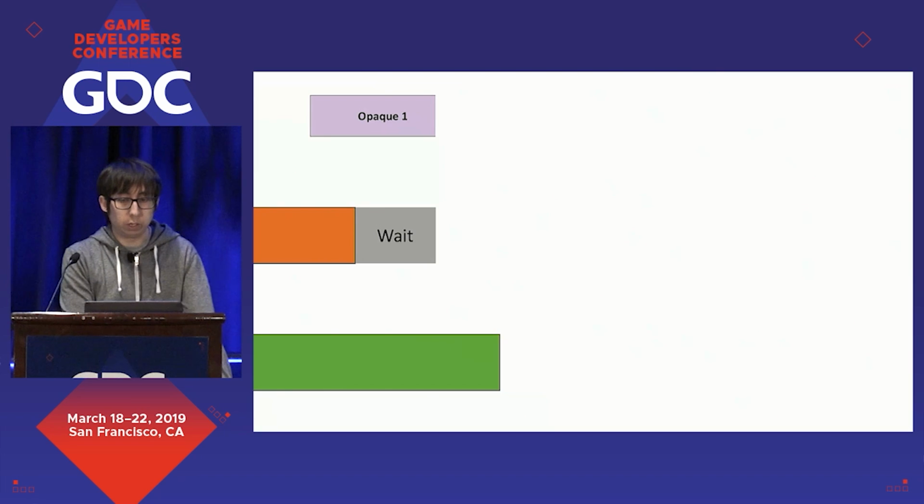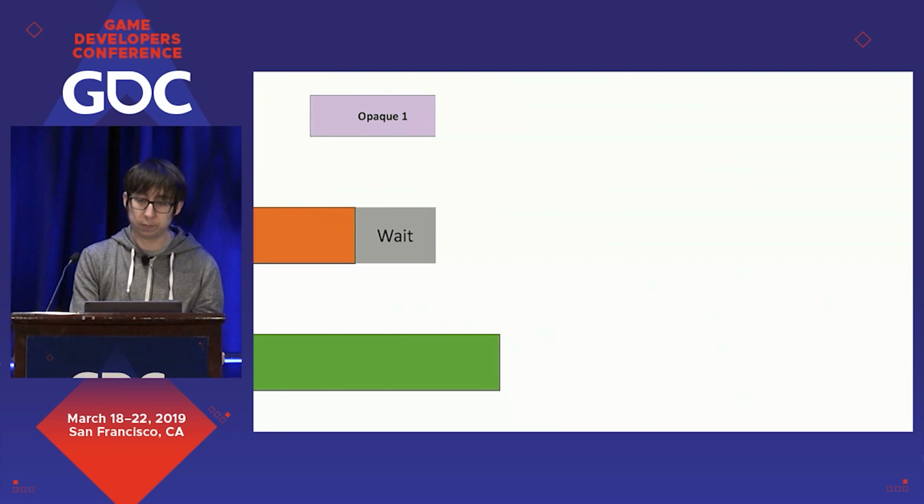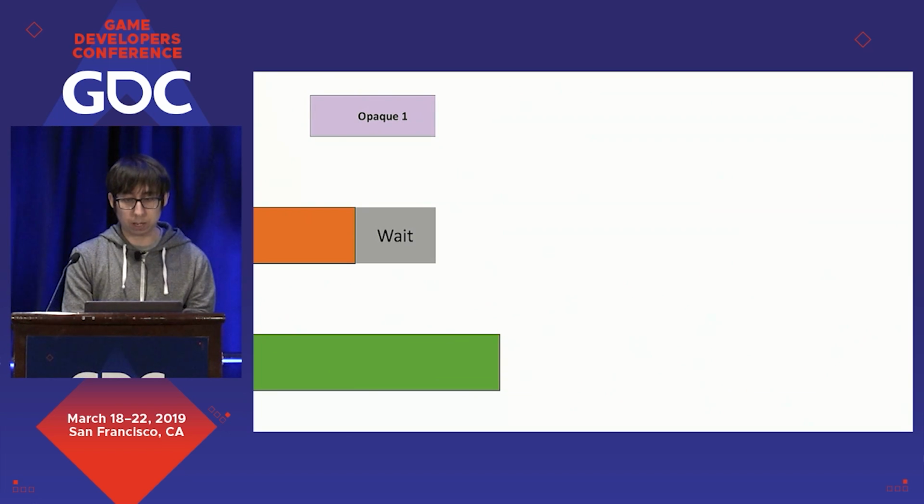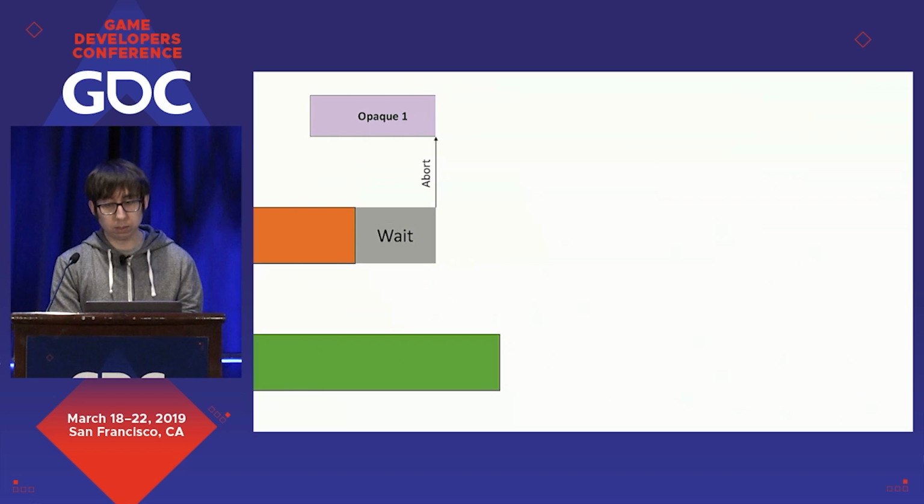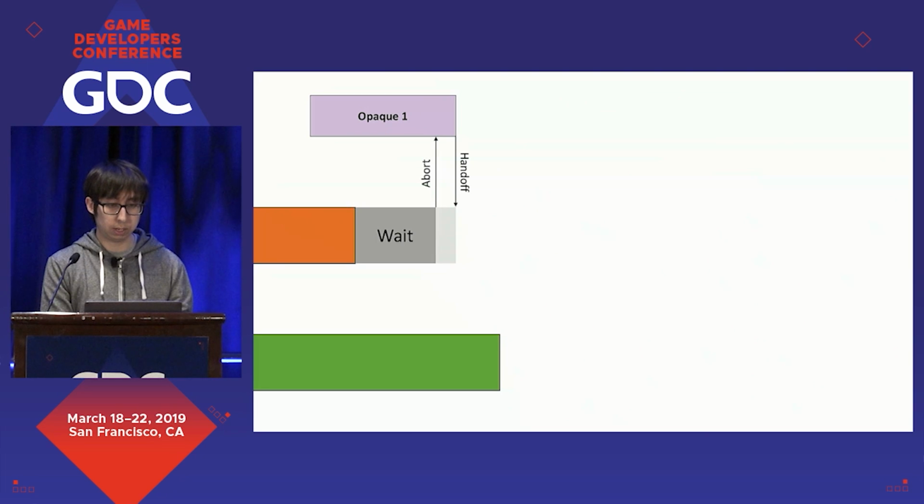But there's this cool thing we do to try to avoid bubbles in this situation. The submission thread's wait for the draw job has a timeout. If the job doesn't finish in time, we set an abort signal telling the job to stop. The job periodically checks for the signal, and if it detects an abort, it stops iterating and ties off its command buffer.